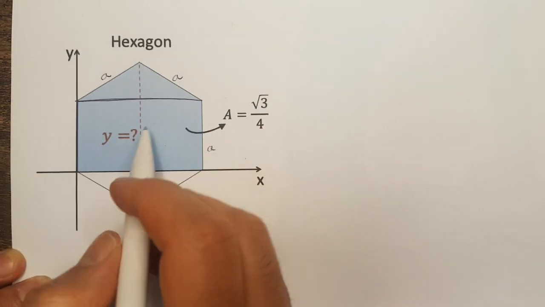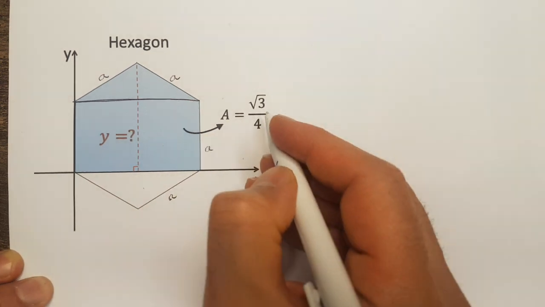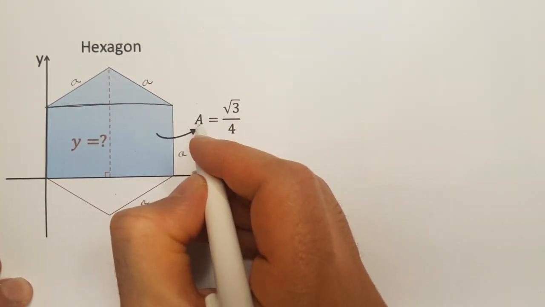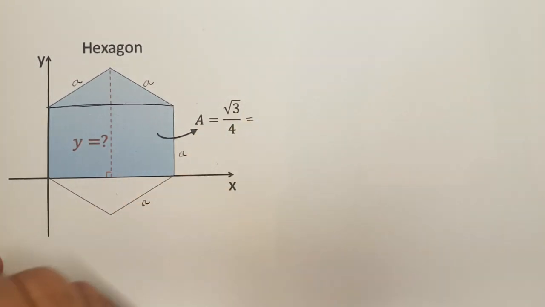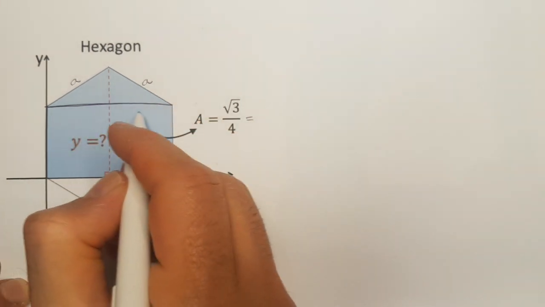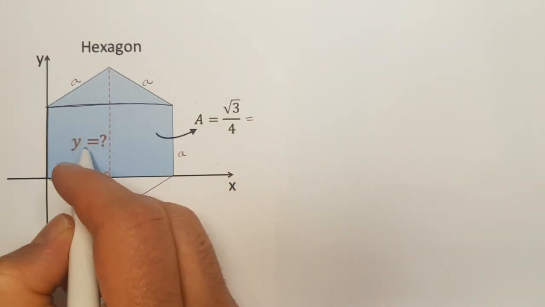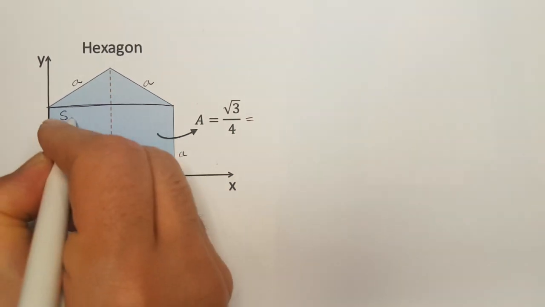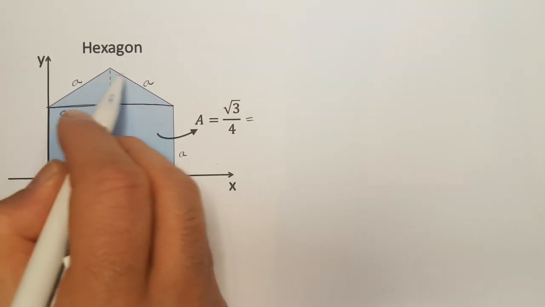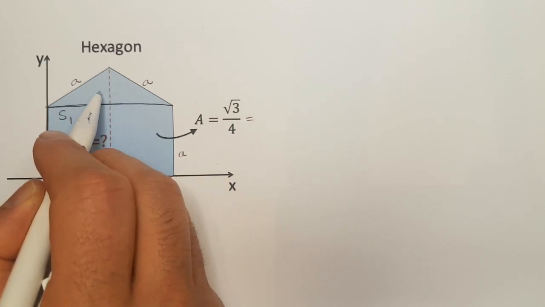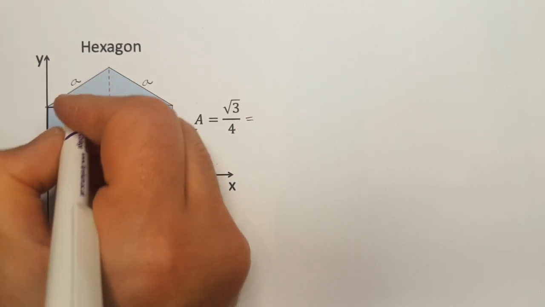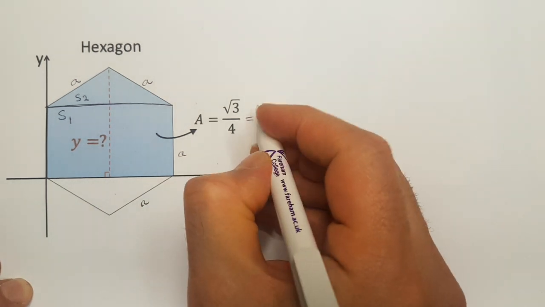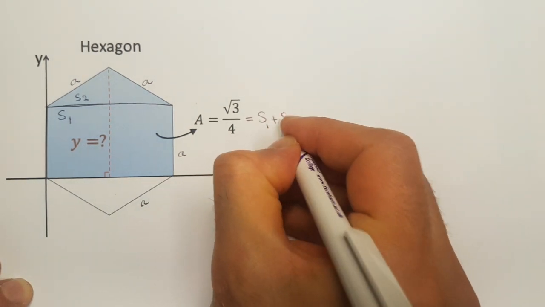So the area of the blue portion, A, will be equal to, let's say the area of the rectangle is S1, and the area of this triangle is S2. So A will be equal to S1 plus S2.